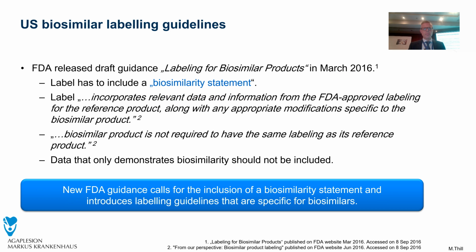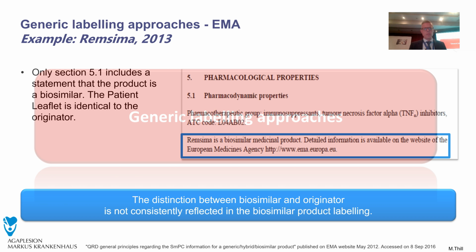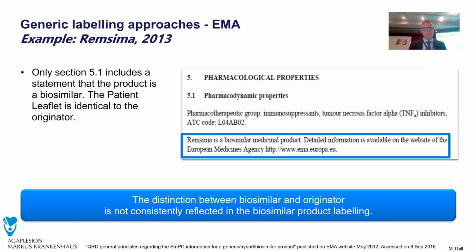I think I have an example here. This is one example for Remsima. So the label is totally the same. And then in section 5.1, it is written that Remsima is a biosimilar medicinal product, details, information, and so on.